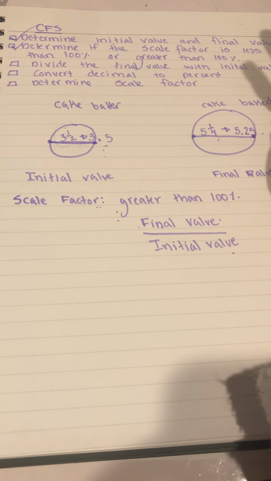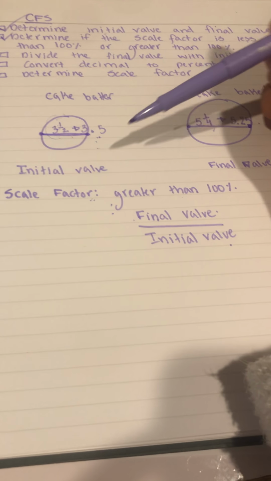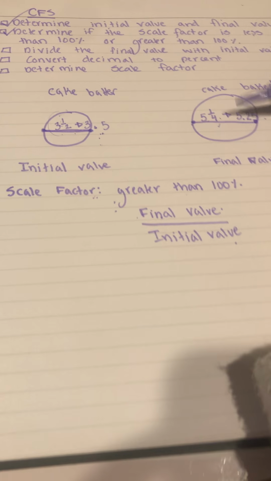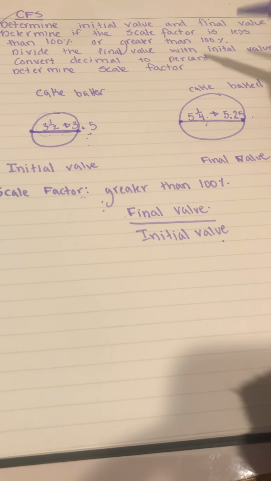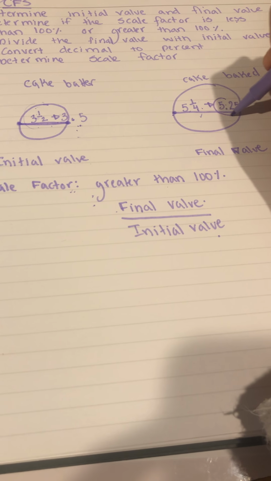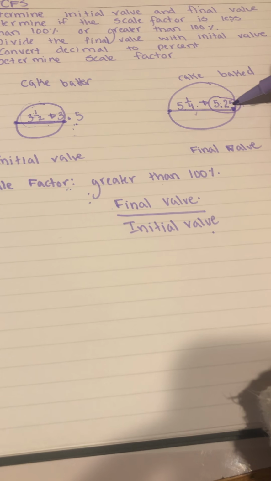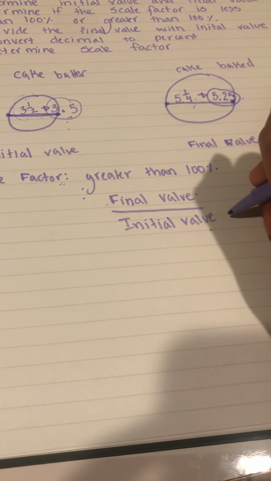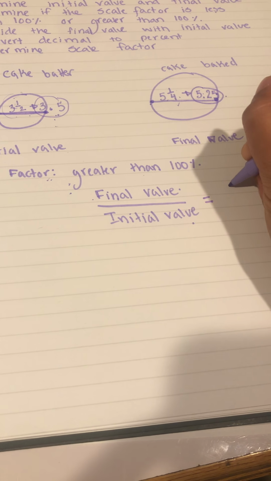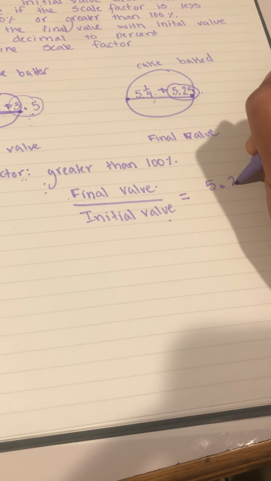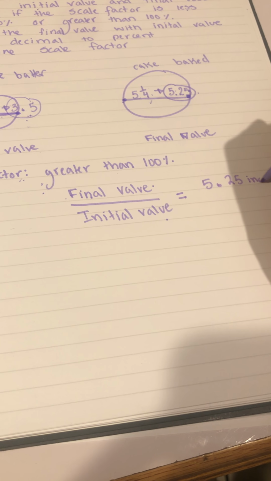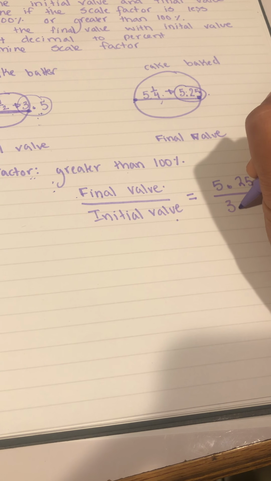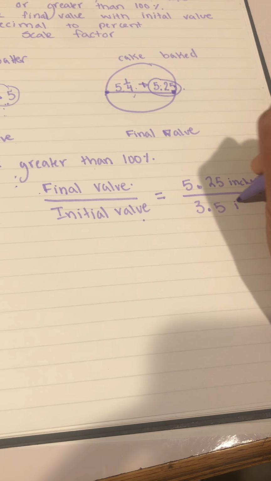Okay, so now if I want to find the scale factor, if I want to know how much this got bigger by, I'm going to divide my final value, which is 5.25, by the initial value, which is 3.5. So now I'm going to substitute. We're going to put 5.25 inches over 3.5 inches.